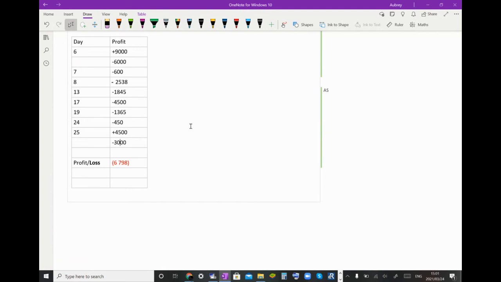Oh, that very same transaction on the 25th, we accounted for cost of sales, which is an expense, and that's why we have the negative 3,000 there at the end. Then when you add those amounts together, you find that we actually made a loss of 6,798. Okay, so what we're just trying to illustrate with that exercise is that when calculating your profit, it is income minus expenses. Okay, right.